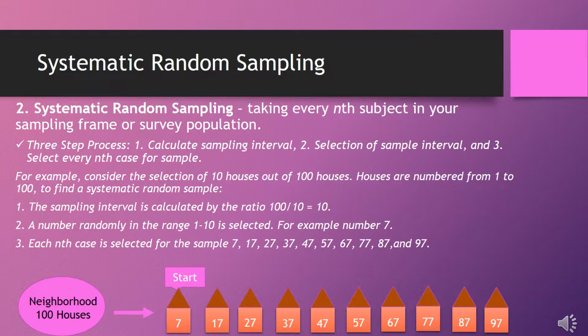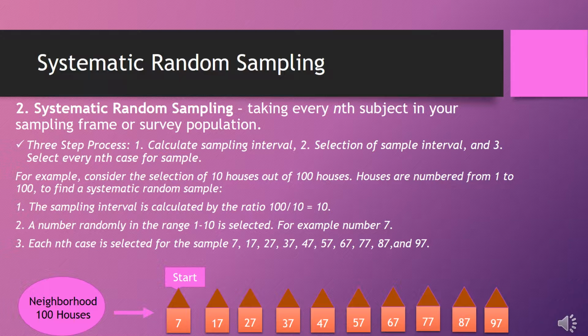For example, consider the selection of 10 out of 100 houses. In order to find a systematic random sample, number 1, the sampling interval is calculated by the ratio 100 divided by 10, which is equal to 10. Number 2, a number randomly in the range of 1 through 10 is selected. So let's say we select number 7.